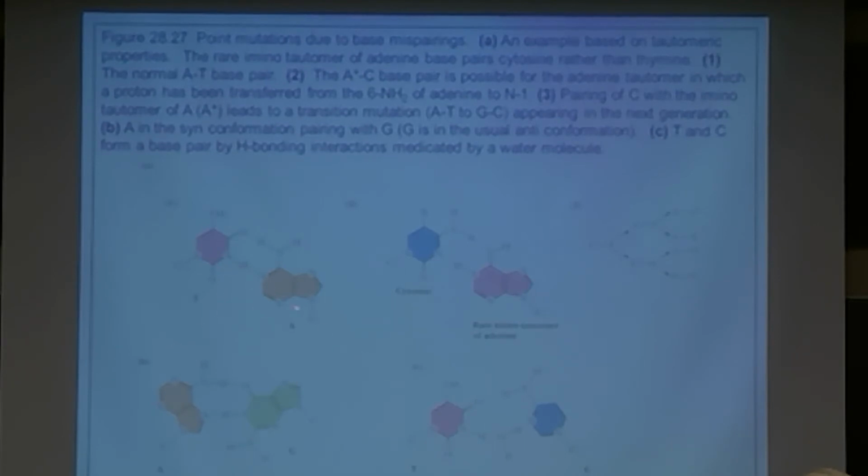Like T and A are the normal pair, but sometimes A can also form a weaker pair with G. So in normal DNA you have TA, but if the adenine pairs with G, it will cause a mutation, because in the next round half of the DNA will be AT and half of the DNA will be GC. Does it make sense? So this is a point mutation. Sometimes point mutations are tolerated by the body because they are not so important for the protein, but sometimes they could be problematic.